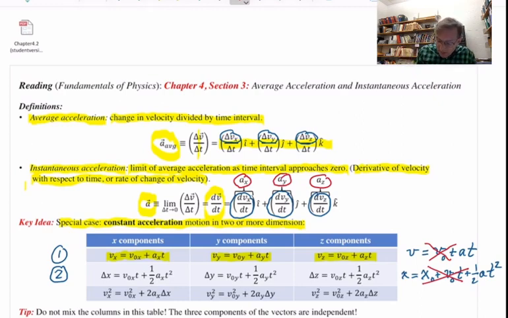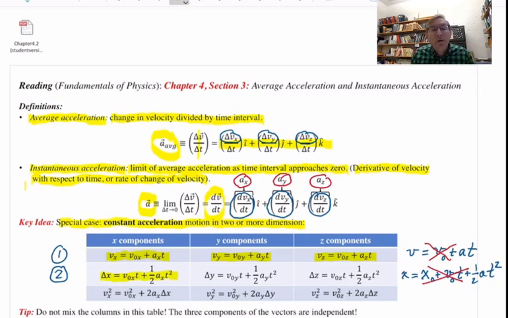So, for the first column, here's the x version of constant acceleration equation number 2. The change in the x coordinate equals the initial x velocity times t plus 1/2 times the constant x acceleration times t squared. And then you have a version for y.